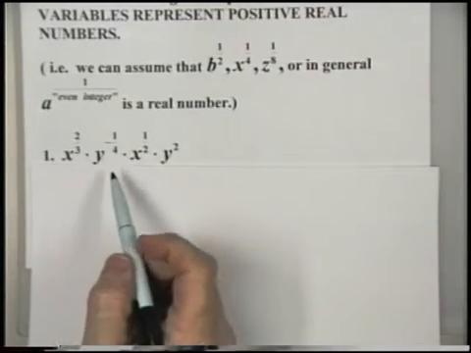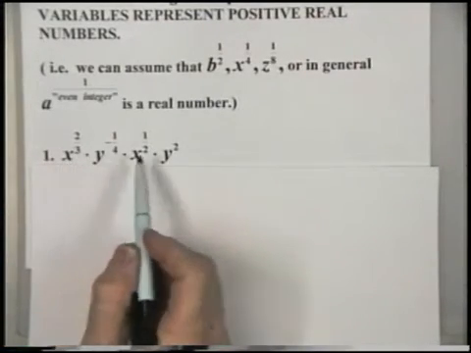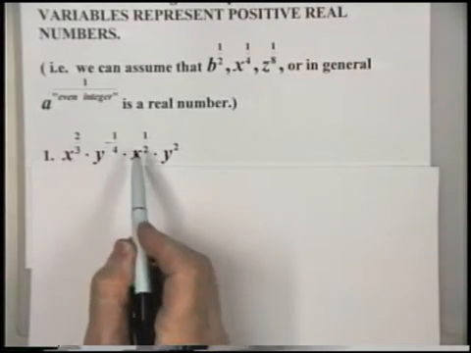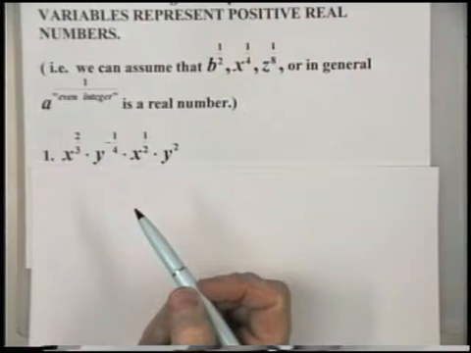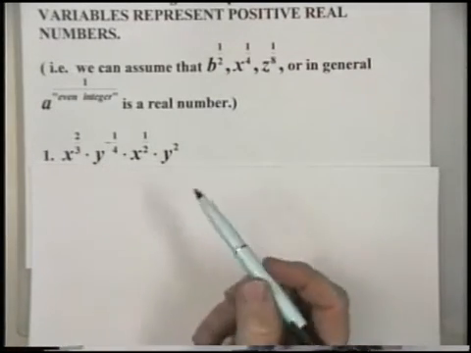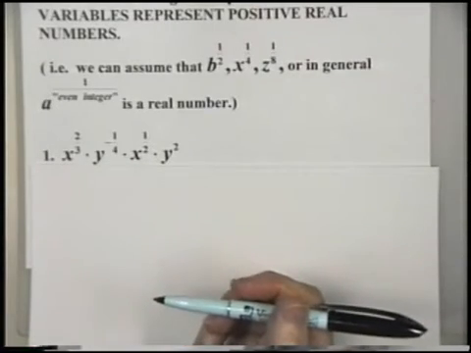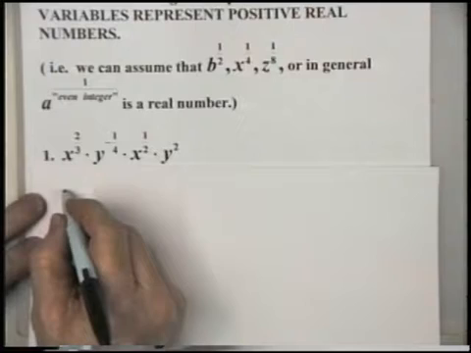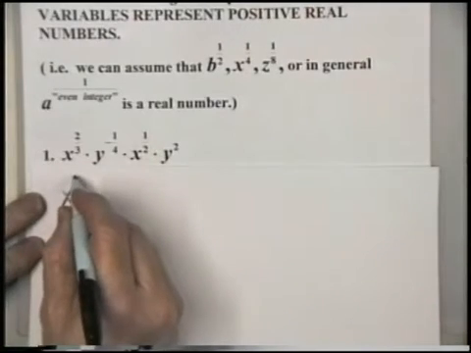Using the laws of exponents that we know, well, I see that the first and the third factor here are the same powers of the same base, and the second and the fourth are powers of the same base. So let's put those together.